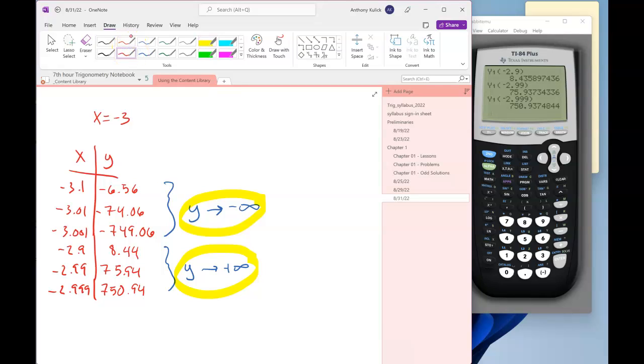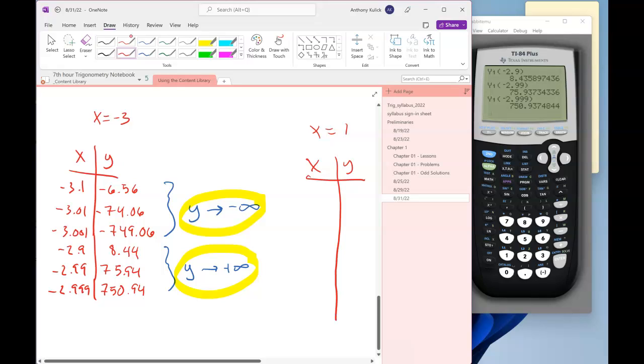Let's try doing the same thing for x equals 1. So which x values do I want to pick to approach 1 from the left? From below, for values that are less than 1. What values would I prospectively pick here?